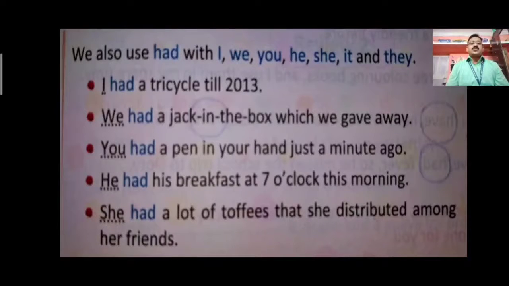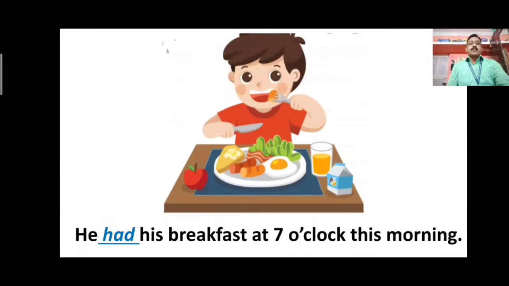She is also a singular pronoun, means she distributed some of the toffees she had among her friends, not now, sometime before. So in these sentences we can find the verb had is used with both singular as well as plural pronouns. He is a singular pronoun.